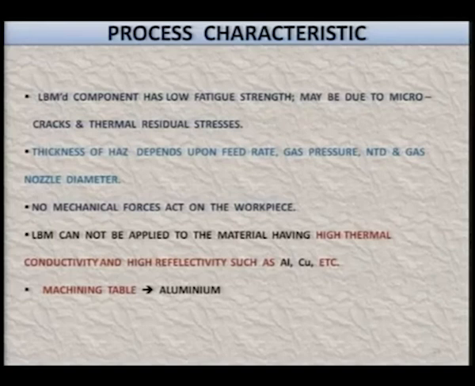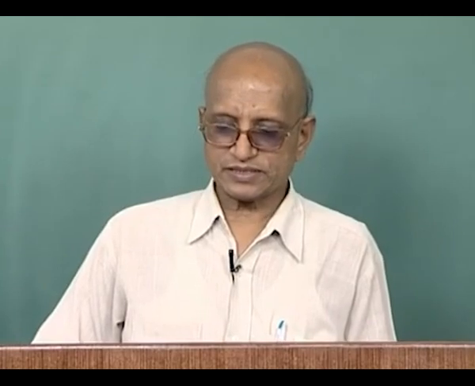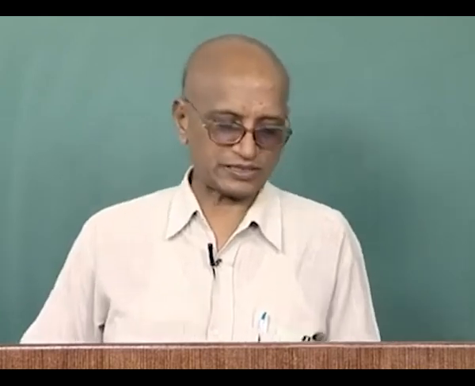Many times laser beam machining system manufacturers recommend using aluminum as the machining table, so that whenever the laser beam comes in contact with the aluminum table, it gets reflected and does not machine the table. It machines only the workpiece.